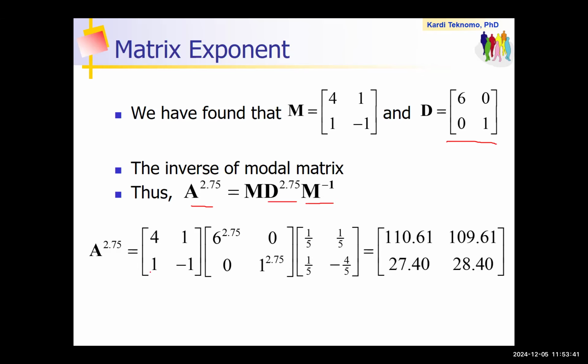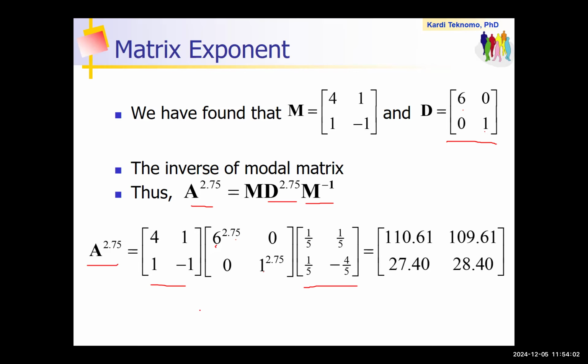You see here, this is the modal matrix, this is the inverse of the modal matrix. The diagonal elements are 6 and 1. So all you need to do is 6 exponent 2.75, and then 1 exponent 2.75. And then multiply the 3 matrices, you will get this.